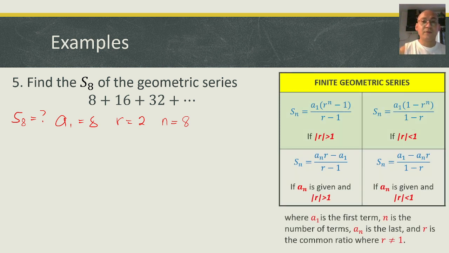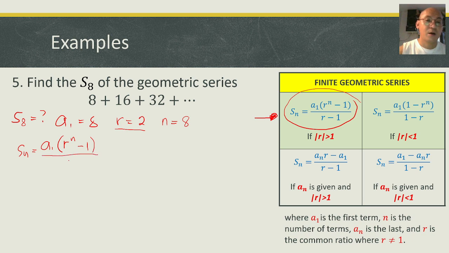So on the formula of the finite geometric series, if n is given, we will use the first row of formulas. But which of these formulas? Check the value of r, which is greater than 1. So we will use this formula. The series of n terms is equal to a sub 1 multiplied by the common ratio raised to n minus 1, over r minus 1.